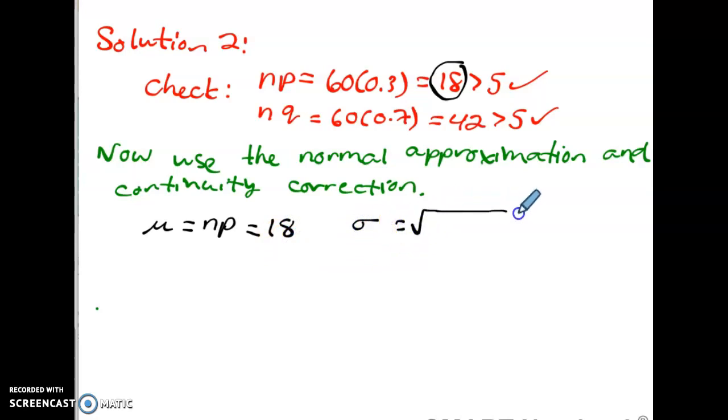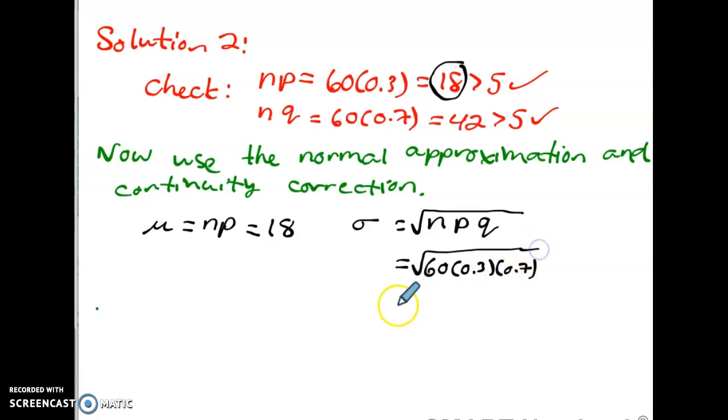So we do the square root of n times p times q, which is the square root of 60 times 0.3 times 0.7. And we're going to round to 2 decimal places, let's say. So we get a standard deviation of 3.55.